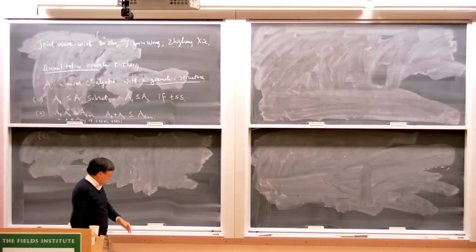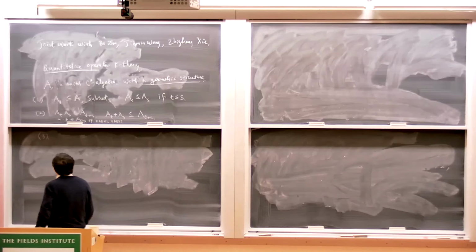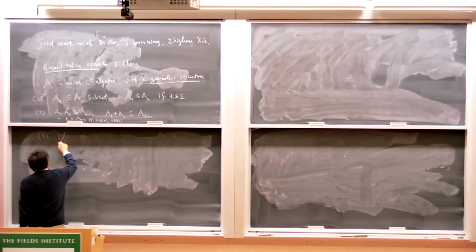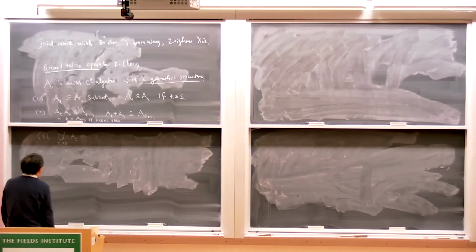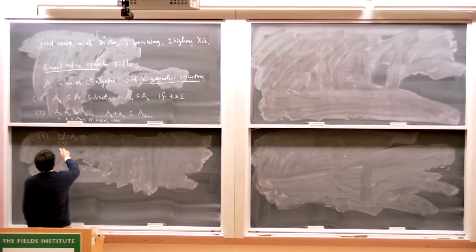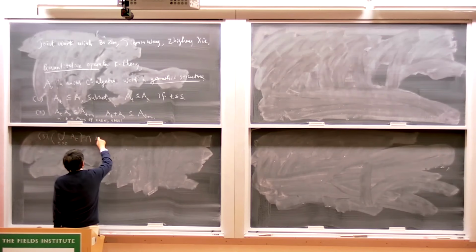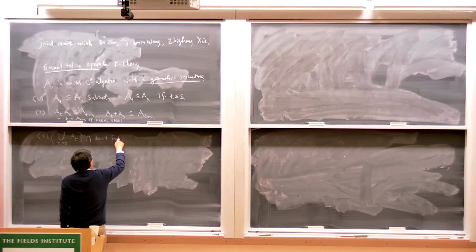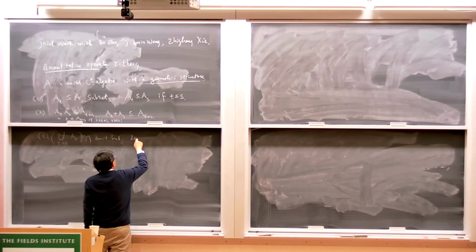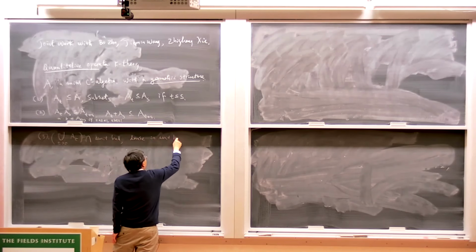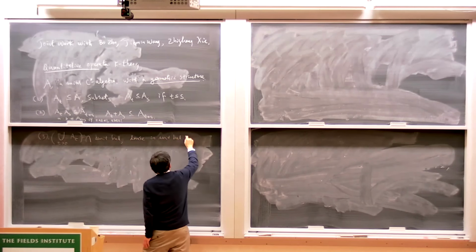To make the framework flexible, I want the union of all A_t, and I'm only interested in positive t, intersected with the unit ball of A, to be dense in the unit ball of A.